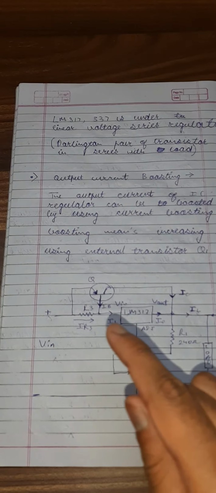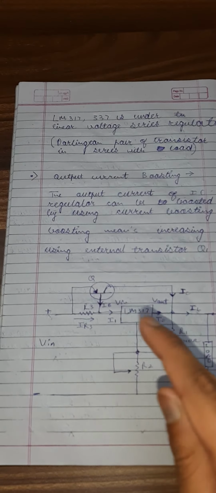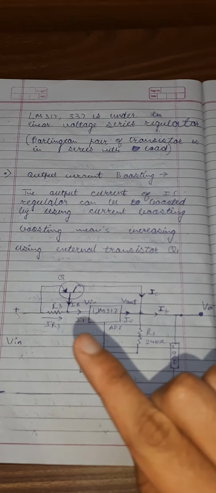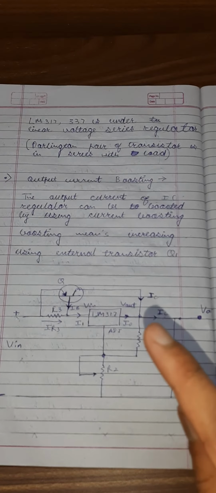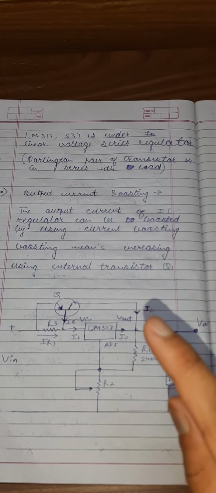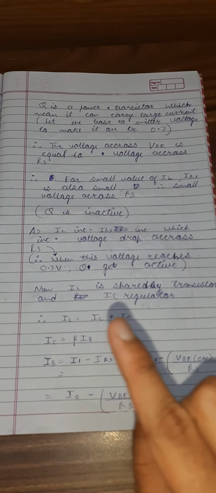From here we get I1 equals IO. The relation of IC, IO, I1 and IL is that I1 is equal to IL, and IL is the sum of IC and IO. So here we are writing the same: IL is equal to IC plus IO.